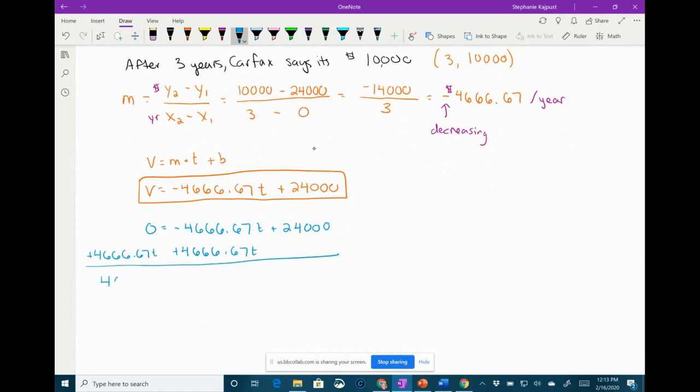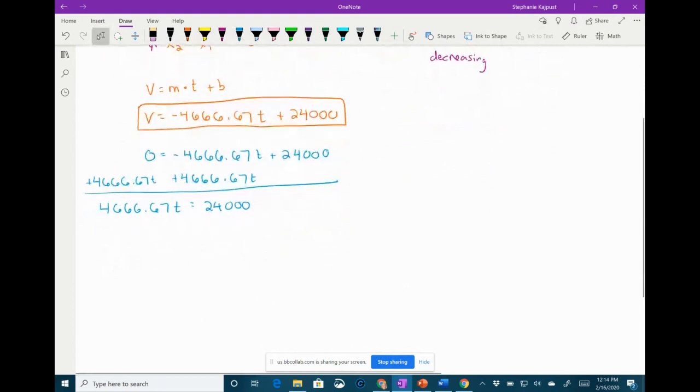So this gives me 4,666.67 T equals 24,000. So I'm solving for T, so I want to divide both sides by the value in front of T, the 4,666.67.